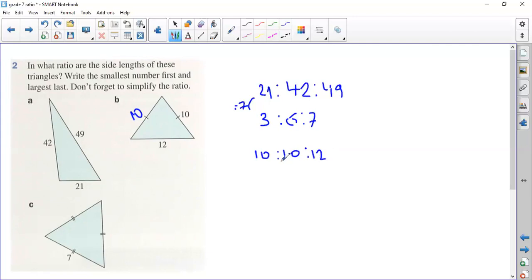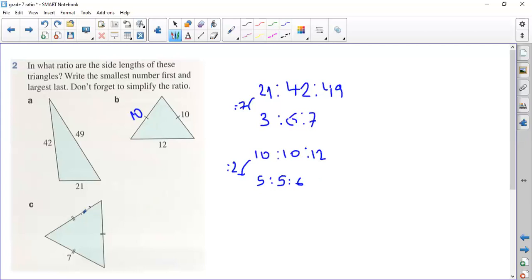No. We know that the highest common factor of 10 and 12 will be what? 2. So I have to divide each of these numbers by 2. 10 divided by 2 is 5, 5, and 12 divided by 2 is 6. So the ratio of the side lengths for this triangle will be 5 to 5 to 6.